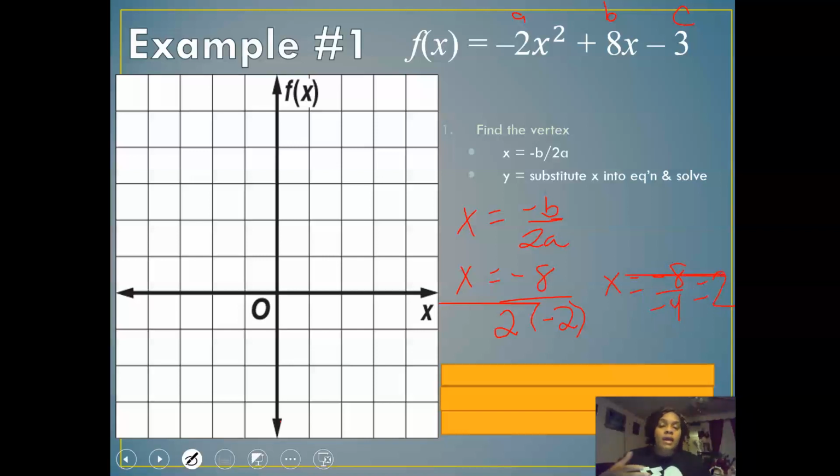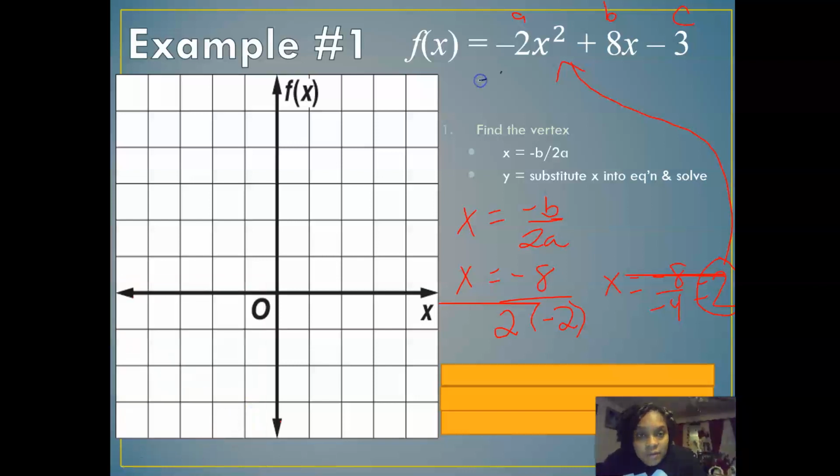So now we have our x. In order to get our y, we plug the 2 in for all the x's in the equation. Here you would have negative 2 times 2 squared plus 8 times 2 minus 3.